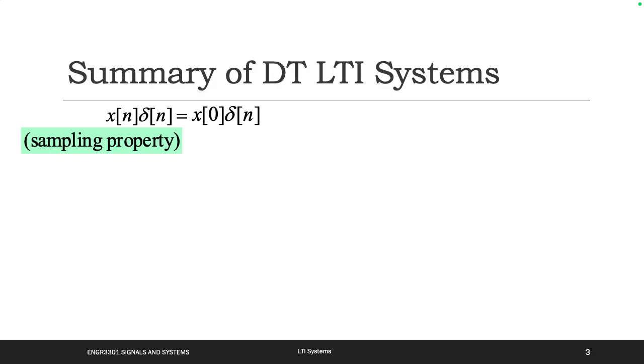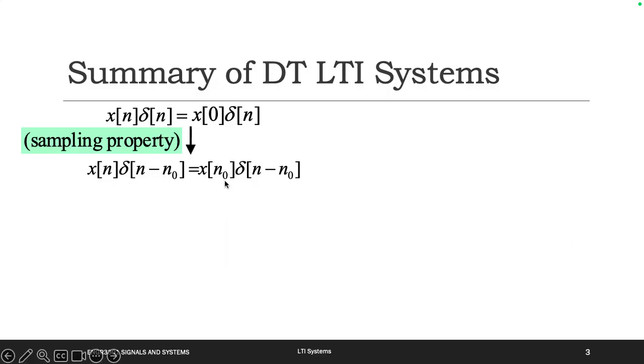This is the sampling property we have already talked about. Based on the sampling property, we have this equation, and you can see this impulse function is very important for our signals and systems. It can help us to deal with the signals.